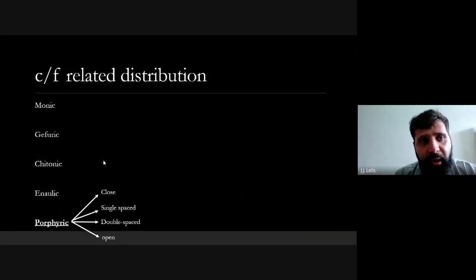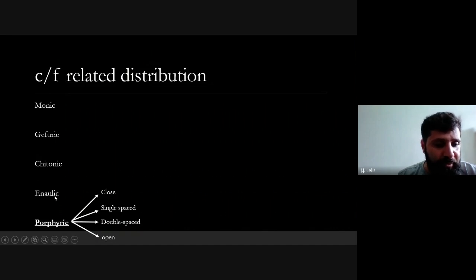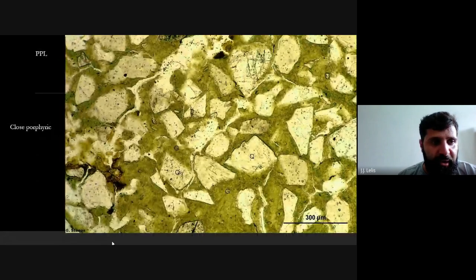We also have the CF related distribution that's porphyric, which has a specification quite close to enaulic. It's also closed or open. The porphyric CF related distribution is like porphyric rocks.